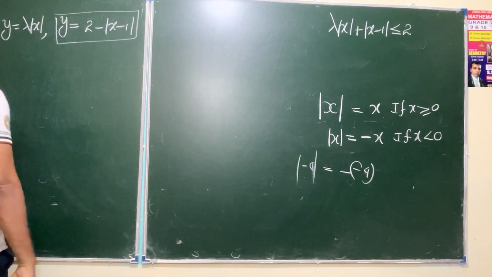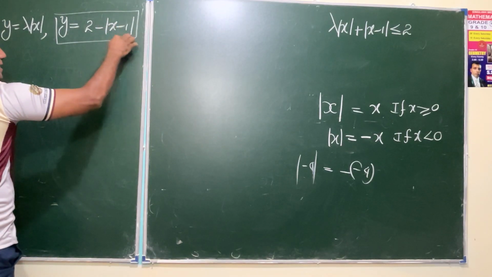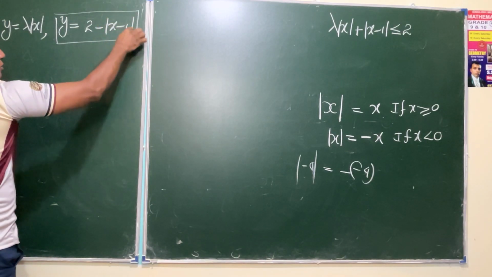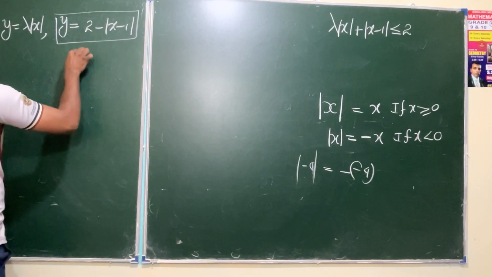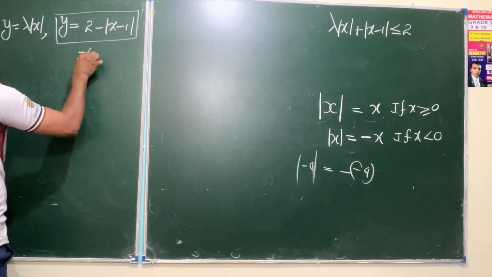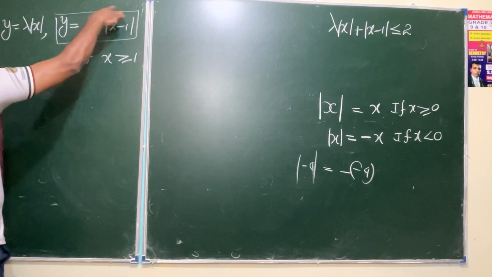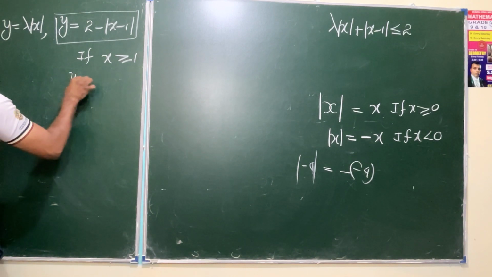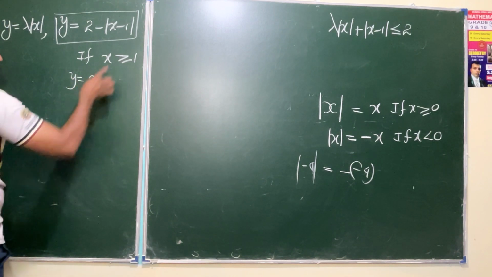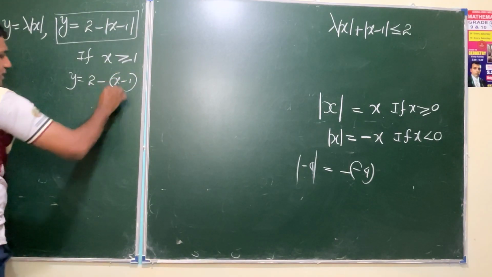See the proceedings for that. The modulus part can be greater than or equal to 0, or it can be less than 0, right? So if the boundary is 1, if x is greater than or equal to 1, it is positive then. So y equals 2 minus this positive part, and you can write it as it is, no changes.